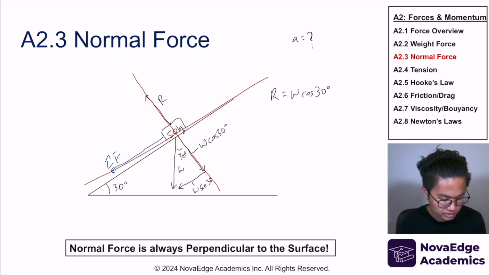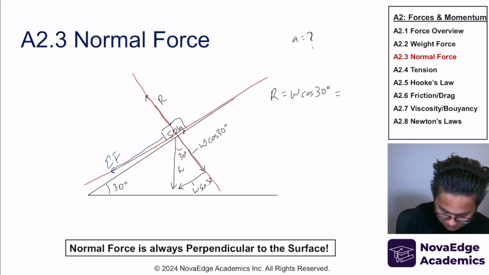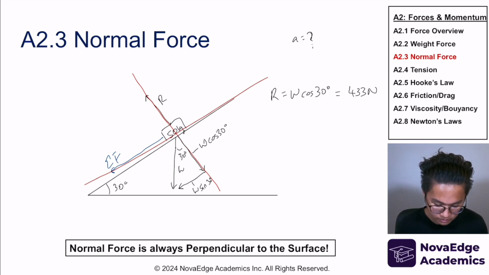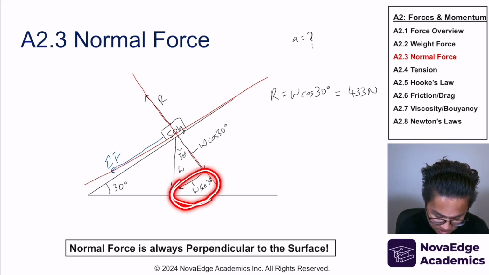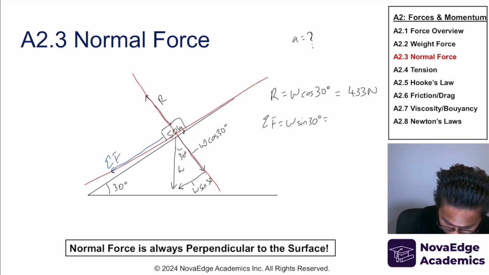If I were to calculate this, I get 500 times cosine 30, which is equal to 433 newtons. Okay. Now the net force is what remains, and that is this guy, right? Because these two canceled out, so this is the only thing that's left. So the net force is equal to w sine 30, which is equal to 250 newtons.